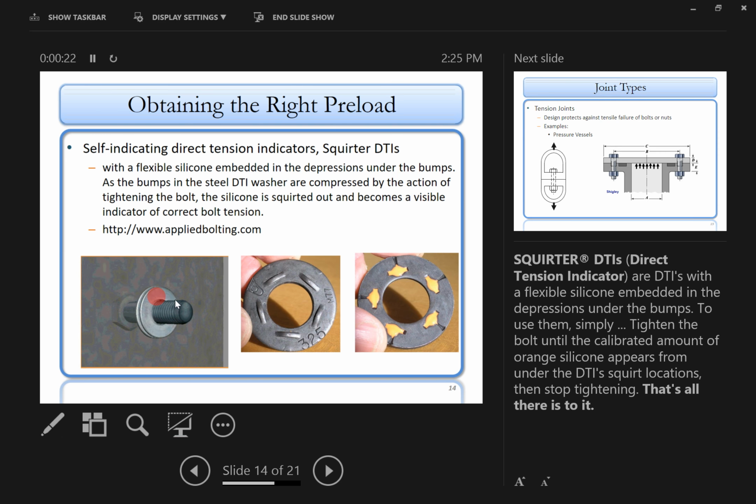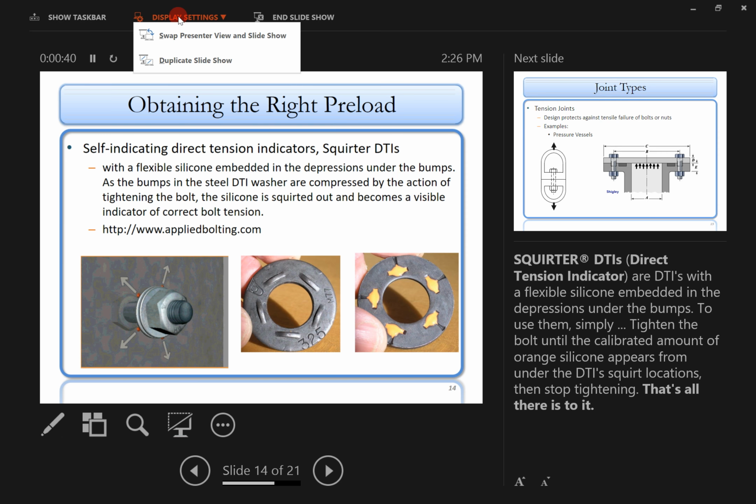If you crank it with a certain amount of torque, the material will be squirting out, and that is the indication that you need to stop tightening. That's all that it is. This is more expensive, of course, but I can imagine it's a little more accurate.